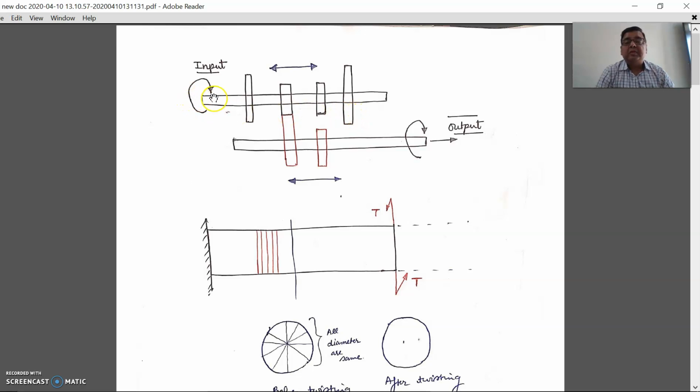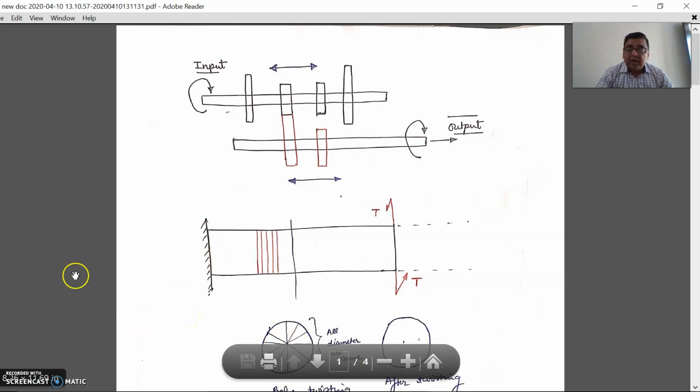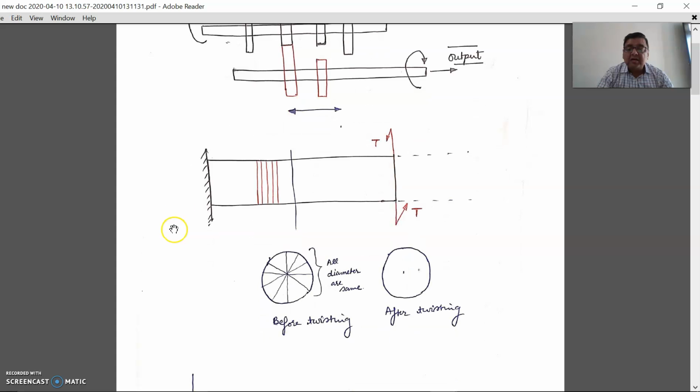But in this chapter we'll consider only pure torsion, that is, the shaft is under the application of only torsion.